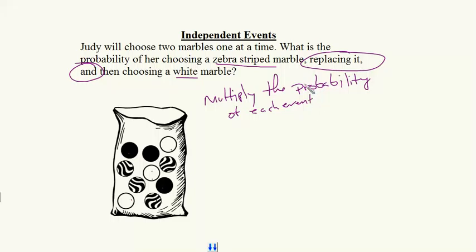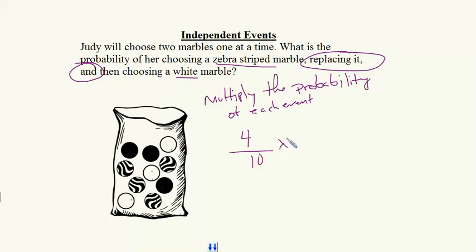Alright, so the first event is choosing a zebra striped marble. So I see that there are 4 zebra striped marbles out of the 5, 6, 7, 8, 9, 10 total marbles.